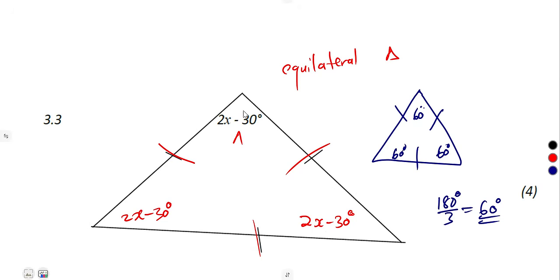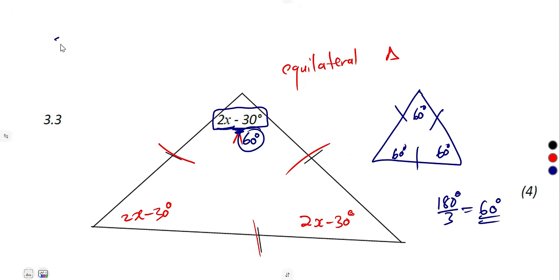So if each angle is 60 degrees, it means the 2x minus 30 degrees that we are seeing is equal to 60 degrees, because we know numerically the value must be 60 degrees. But here we are given an expression representing that 60 degrees.